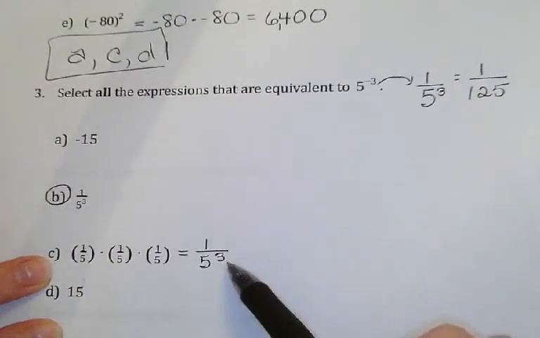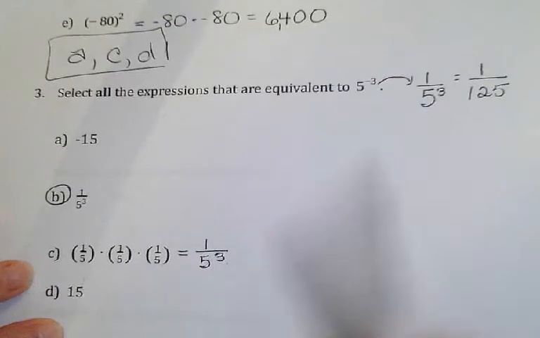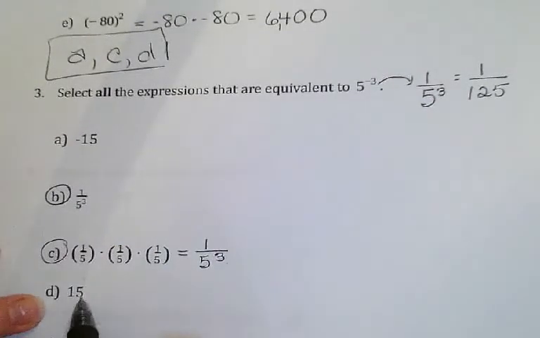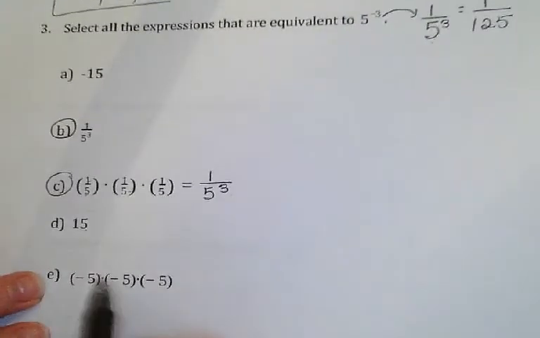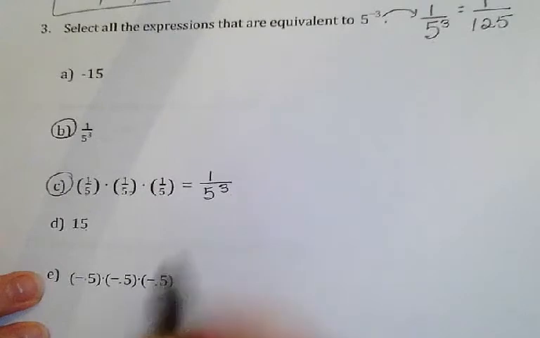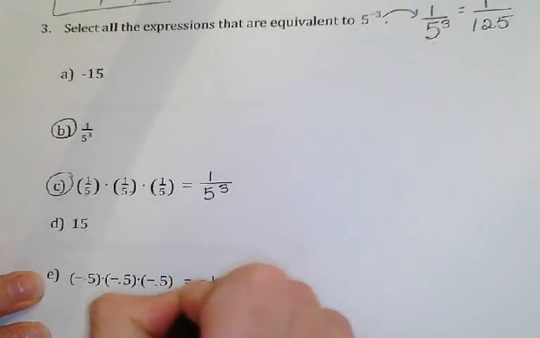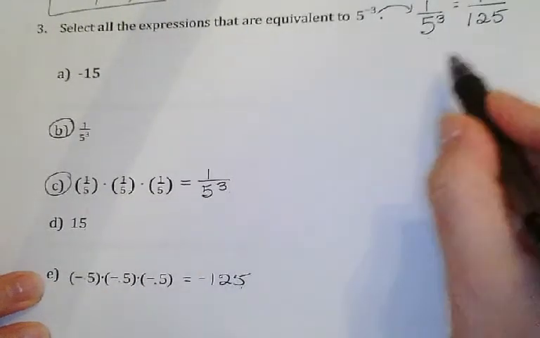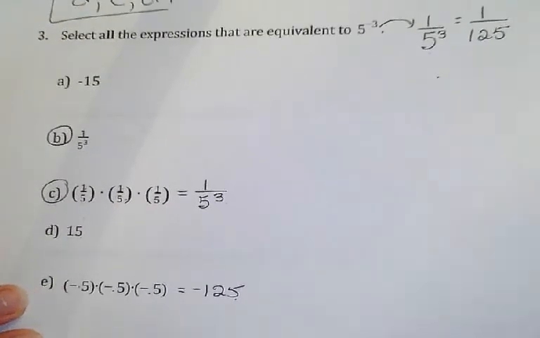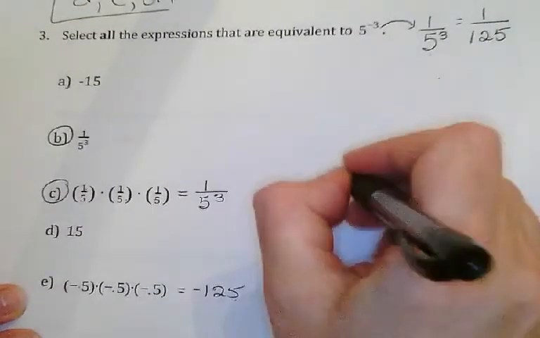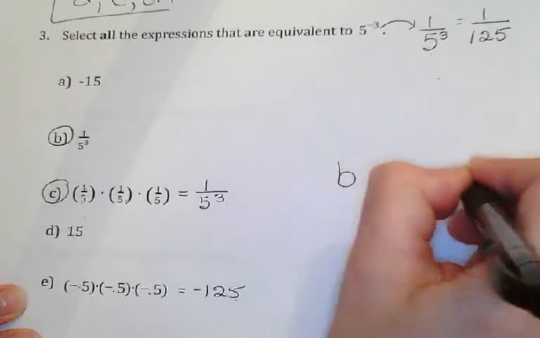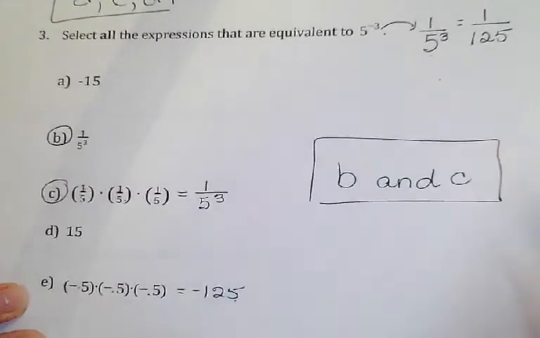Is this the same as this? Yes. Is 15 the same as this? No. Is negative 5 times negative 5 times negative 5, which would be negative 125, the same as this? No. Okay, so we should have got B and C for this one. B and C.